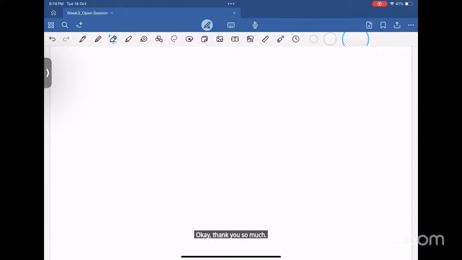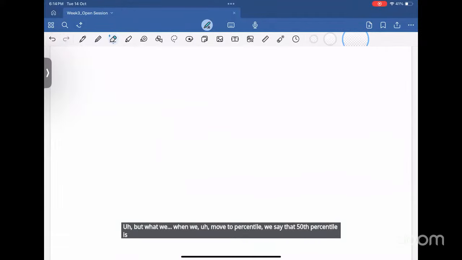My question is more concept based. Median depends on the number of observations, whether they're even or odd. But when we move to percentiles, we say that the 50th percentile is the median.